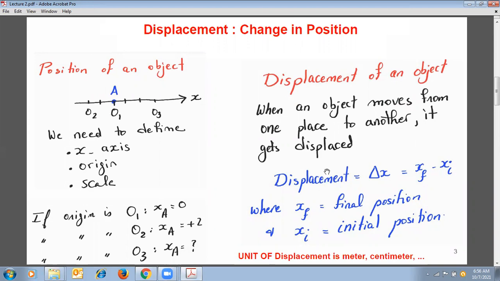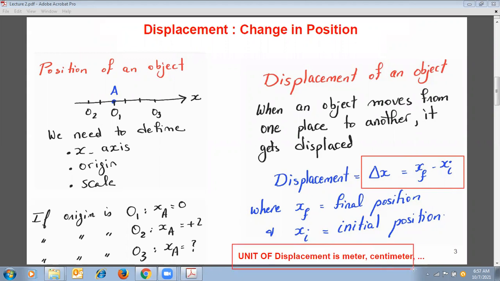And displacement is nothing but final position minus initial position. We refer to it as delta x, and it's x final minus x initial.